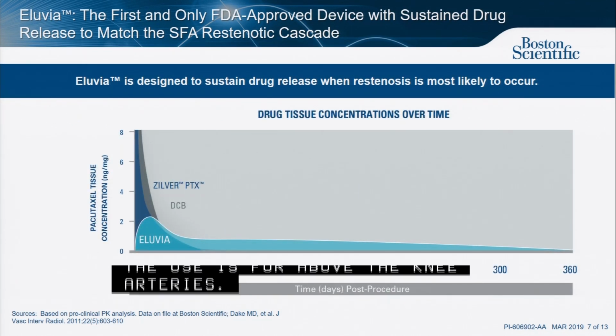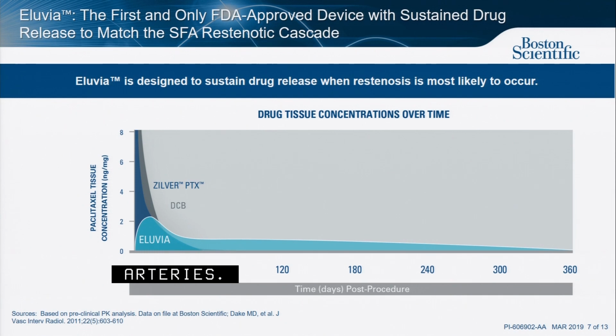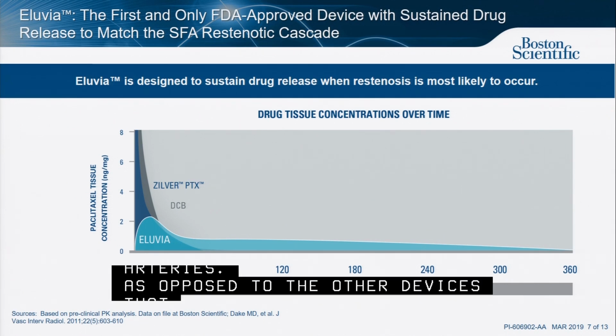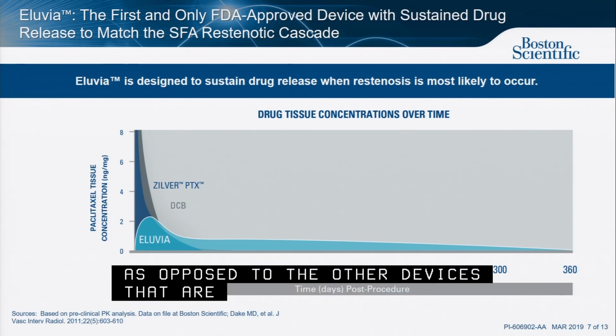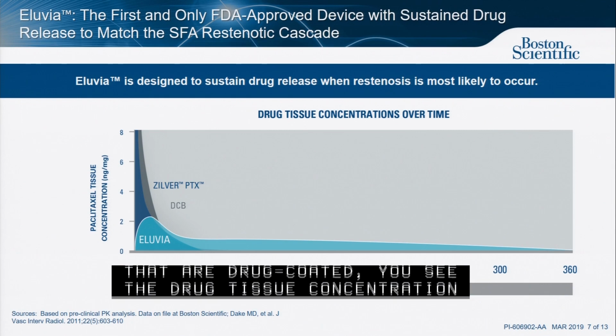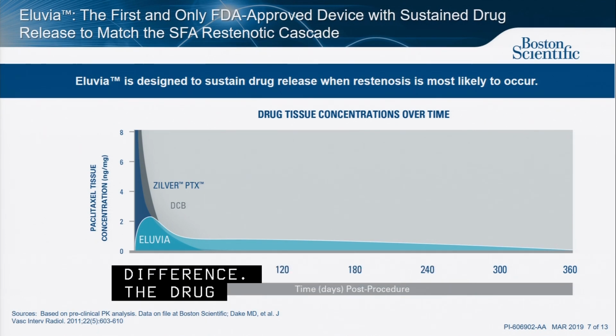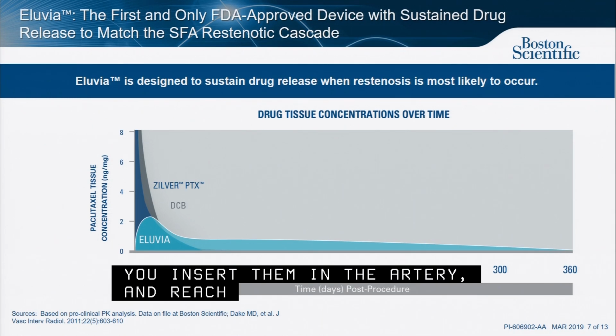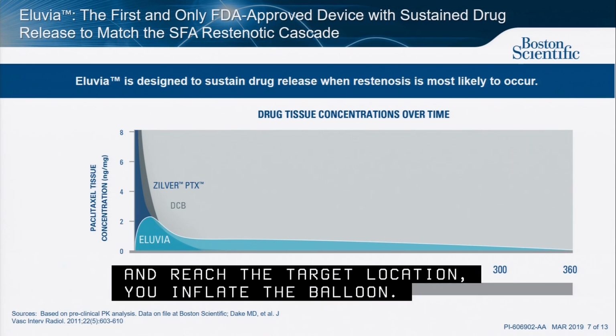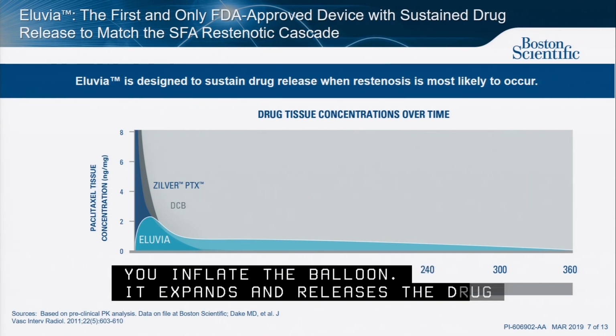So, as opposed to the other devices that are drug-coated, you see the drug tissue concentration over time and the major difference. The drug-coated balloons, once you insert them in the artery and reach the target location, you inflate the balloon, it expands, releases the drug into the vessel, and that's a burst of drug and then disappears generally within 60 days.